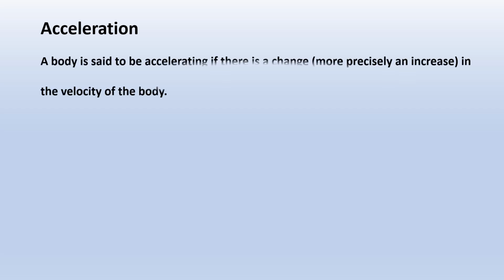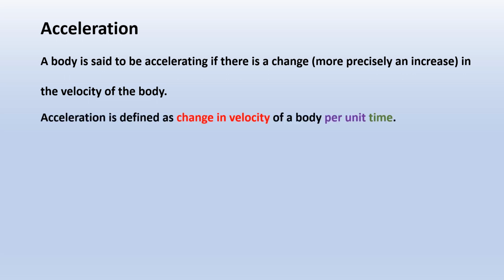Acceleration. A body is said to be accelerating if there is a change, or more precisely, an increase in the velocity of the body. Acceleration is defined as change in velocity of a body per unit time. Acceleration is calculated using the formula change in velocity divided by change in time.